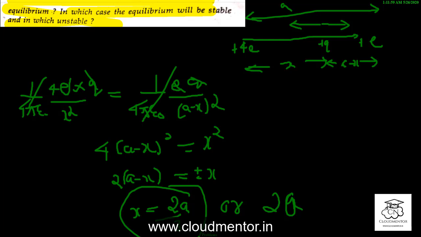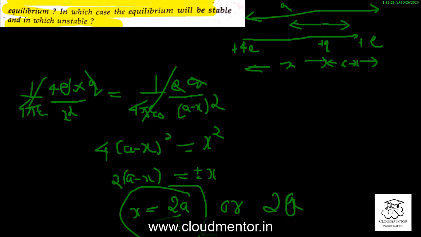Now if we take the charge q to be negative, the forces F1 and F2 will be attractive, and the charge minus q will still be in equilibrium at x equal to 2a by 3. However, if we displace charge minus q slightly towards right, then F1 will decrease and F2 will increase.